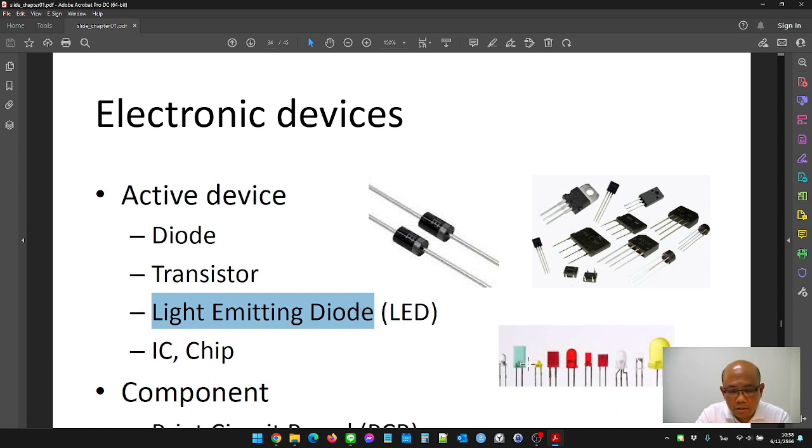LEDs produce brightness. We use LEDs for indicators, and when we build a large display, we can make it from tons of LEDs to make a large display board.